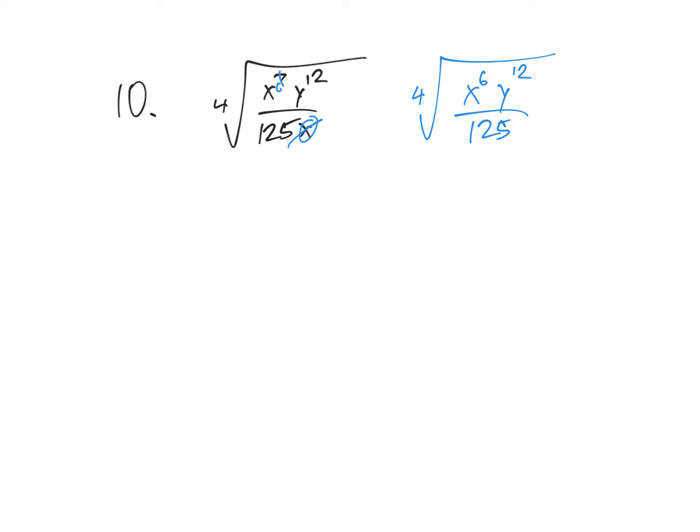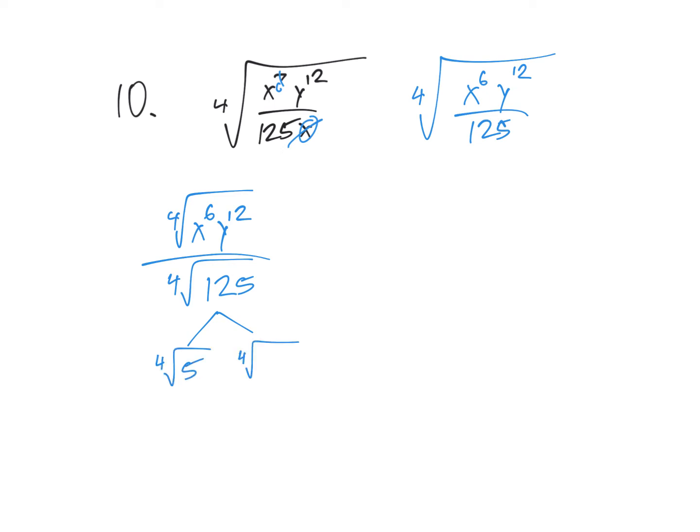What's the 4th root of 125? There isn't one, right? There's not an even one. So if we take this, let's just do this. The 4th root of x to the 6th and y to the 12th. The bottom is the 4th root of 125. So let's break that apart. The 4th root of 5 and what? 5 times what is 125? 25, right?